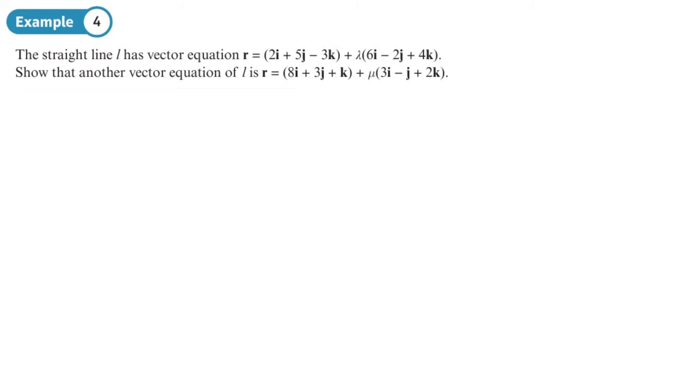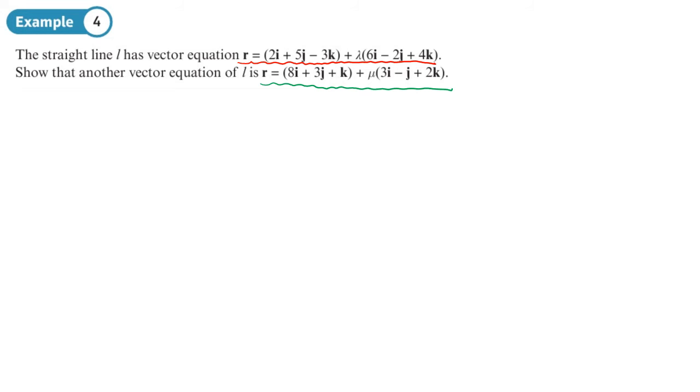Right, here we've got a straight line, and we've got the vector equation of that straight line here. And then we said show that another vector equation of L is this.